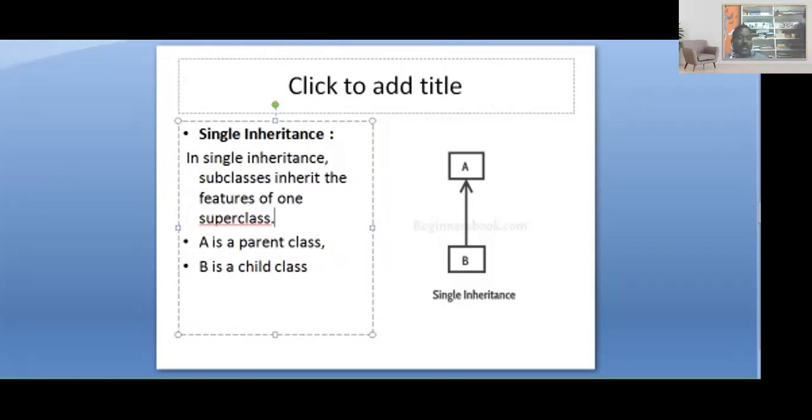So B is the child class and A is the parent class. The child class B inherits the features of the parent class A. That's single inheritance.